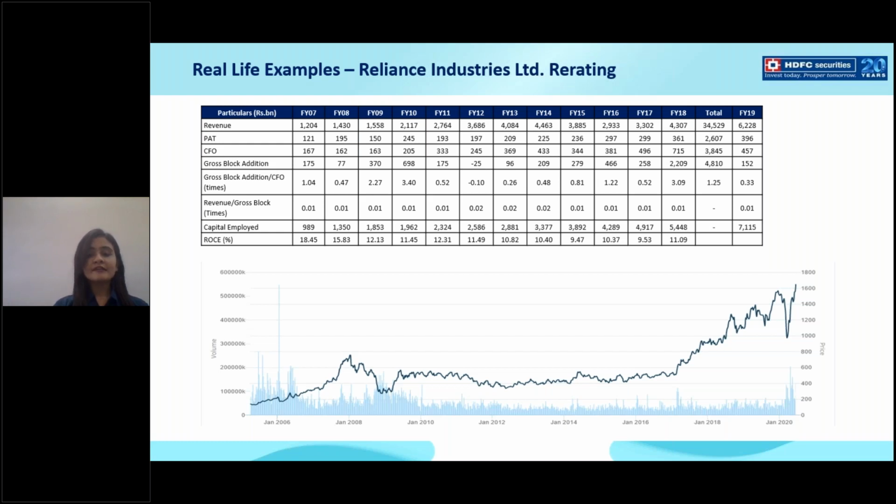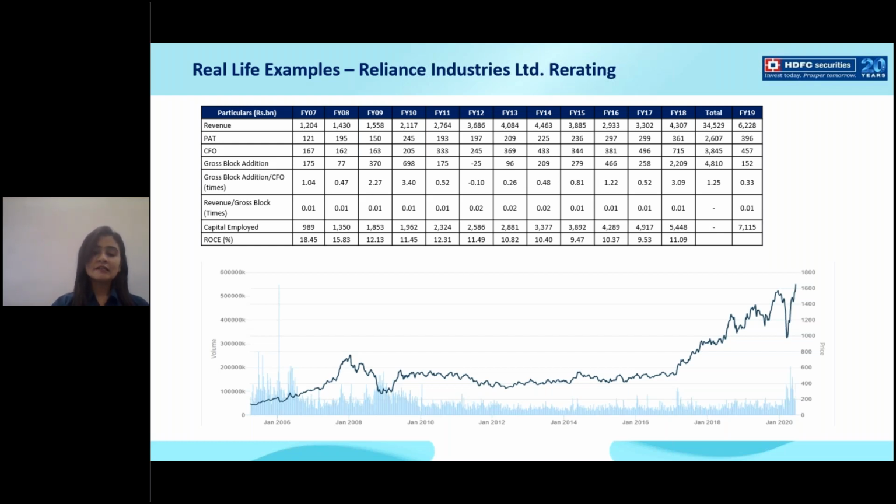As evident in the table, the company entered capex mode somewhere around 2008. The gross block addition between 2008 and 2018 was around 1.25 times the total cash flow from operations earned during that period, so this was huge. The capex story ended in FY18, and just before that, the stock started moving gradually and became a re-rating candidate.